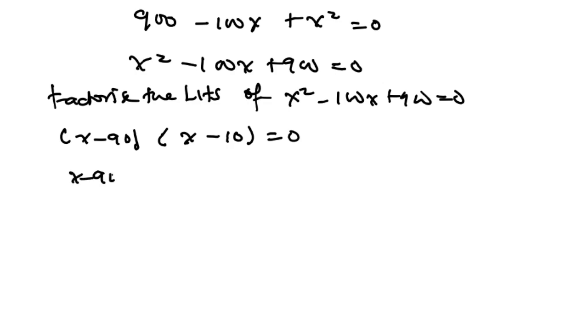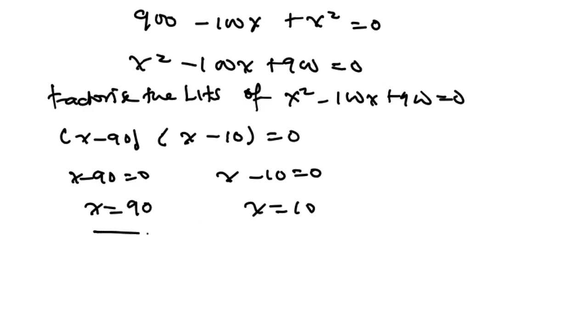For x minus 90 equal to 0, x equals 90. For x minus 10 equal to 0, x equals 10. So in this case, the break-even quantities are 90 and also 10.